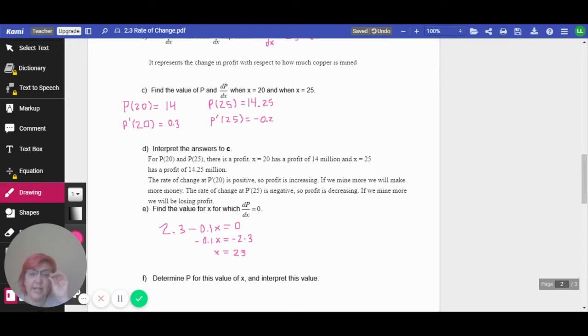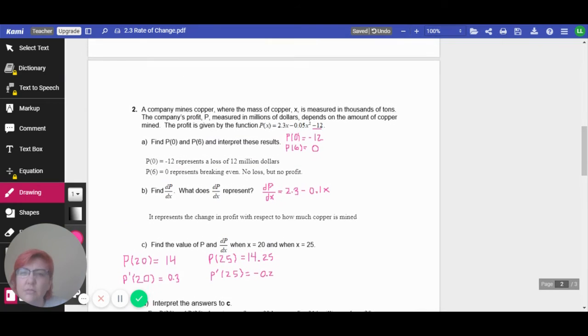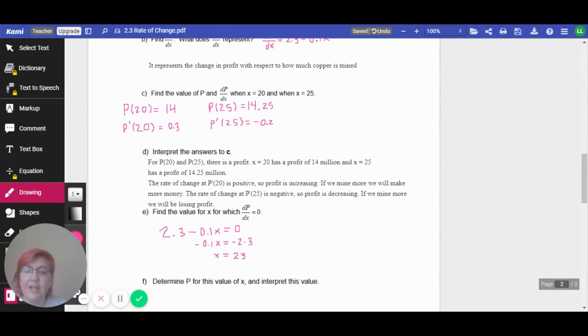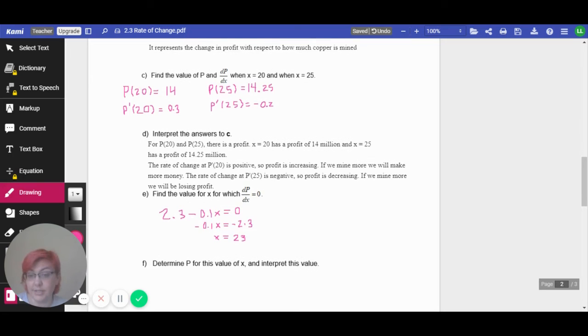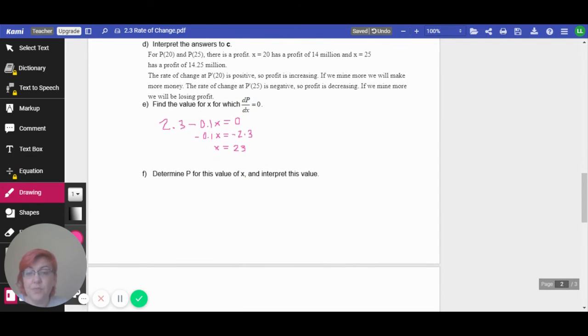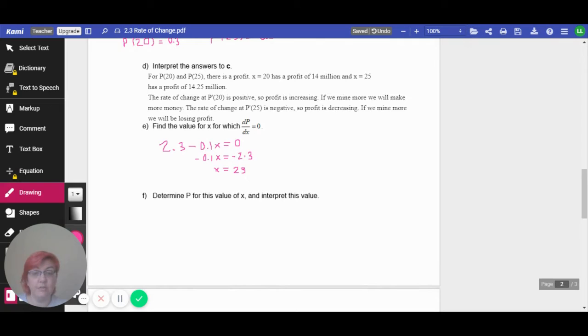All right, and that is 23, I believe we said 100,000? Thousand. That is 23,000 tons. That would make the rate of change 0. So let's determine profit and interpret the value. So I need P of 23.